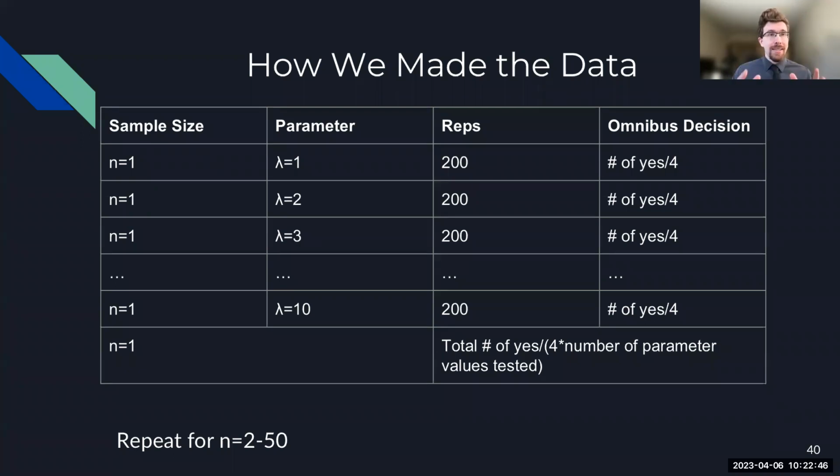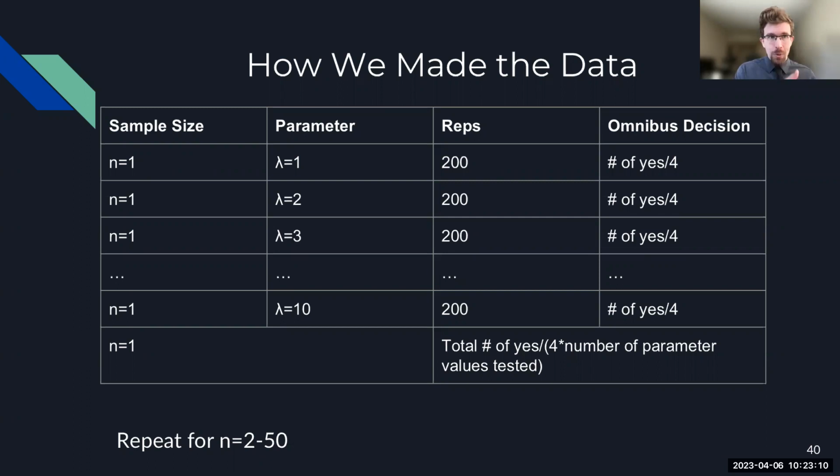So we're trying to isolate sample size as the effect, right? So we made the data by looking at sample size 1 for Poisson. This is our example in Poisson. So sample size 1 with the parameter lambda 1, 200 repetitions, and those 200 repetitions were passed as a single sample to the omnibus. So we would report 4 yes/nos.